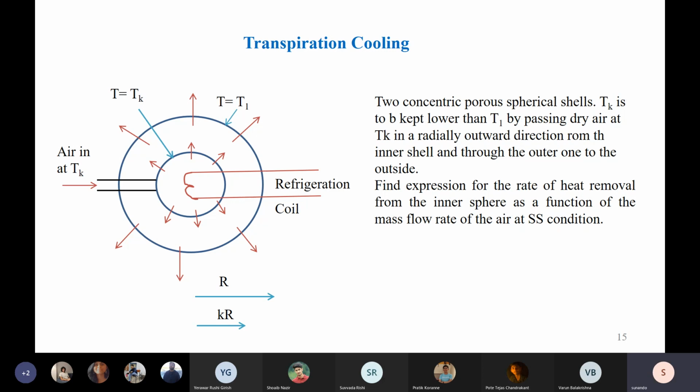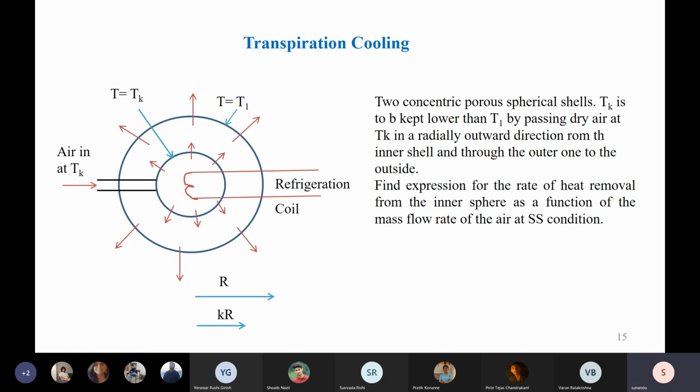Do you have any questions on the description of the problem? Okay. So the outer sphere temperature is T1, and the inner sphere temperature is obviously T_k, the same as the temperature of the air which is being blown in here.